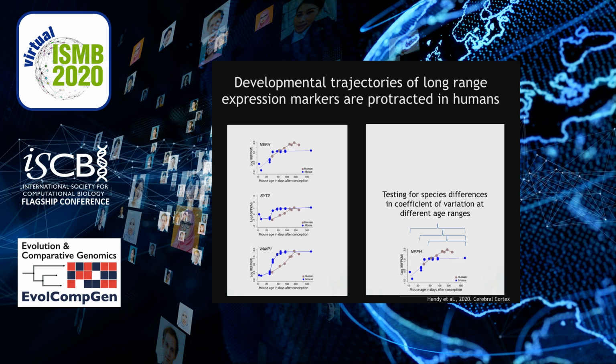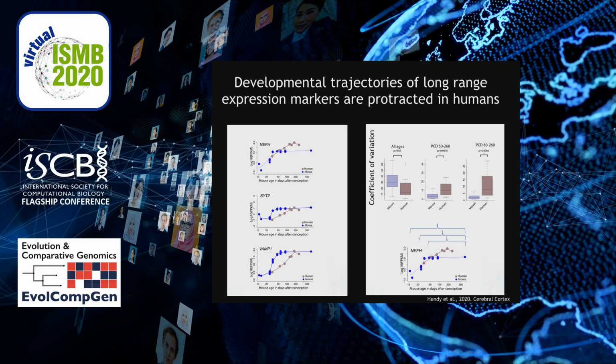So to capture this variation, we considered the coefficient of variation across all tested age ranges or only at late age ranges, with the assumption being that if the expression of these genes varies more at late stages of development in humans compared with mice, this would indicate that the development of pathway maturation is protracted in humans.